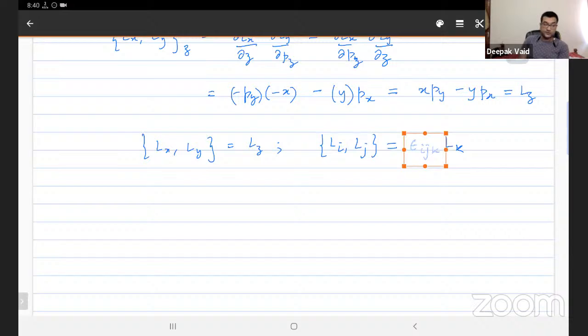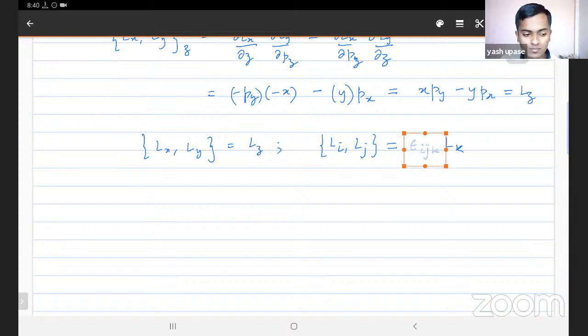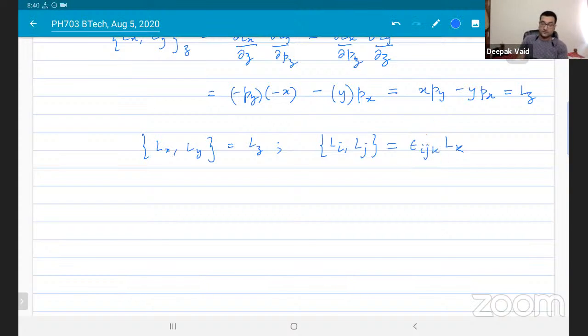Do you all know what this is, or should I explain this again? Yes, sir. Yes, we know. Okay, good. It's just a useful way of writing down components for the cross product, right? So this is the Poisson bracket.